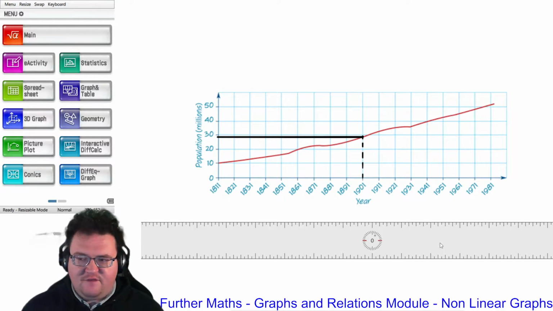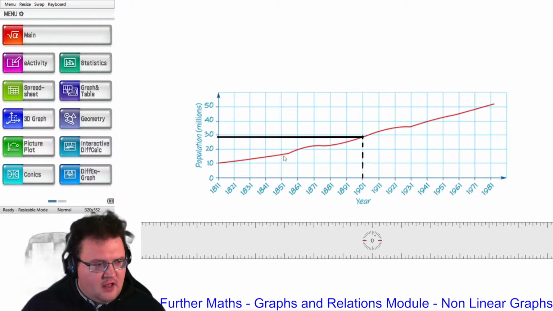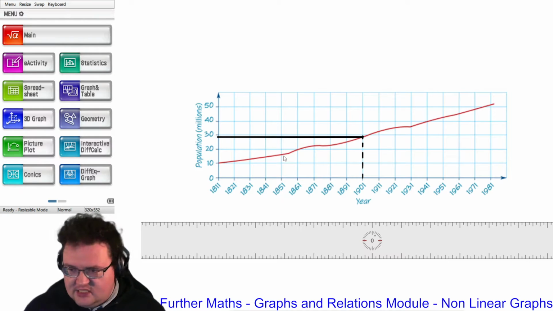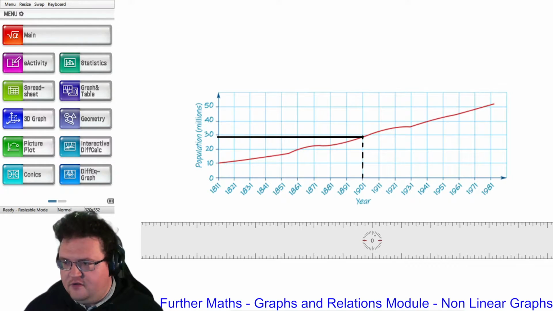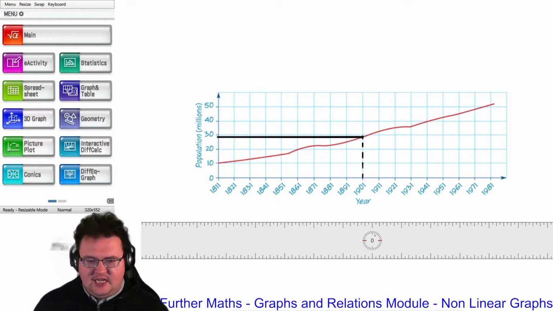Now, obviously, if our scale was a little bit more divided, and I could see to the resolution of units of a million, yes, I could probably get the exact number, but I would say 29-ish million. Now, if you remember, when we looked back at statistics, there are two big words that we learnt about when interpreting data inside a data set and outside a data set.